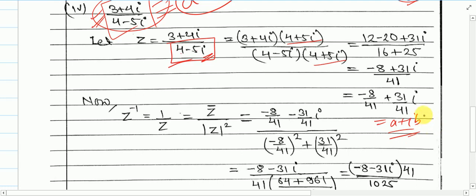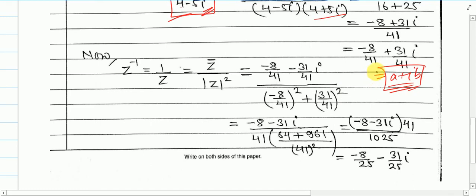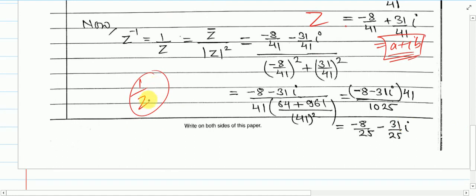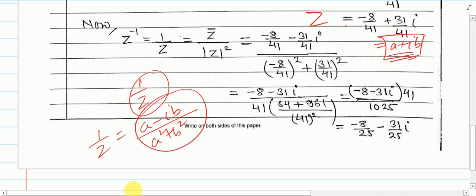And once you have got it in this form, you can find its multiplicative inverse. So this is your z. Now the multiplicative inverse of this will be 1 by z. You know that the multiplicative inverse is a minus ib upon a square plus b square, yes or no. So use this formula and you'll get your answer. Clear?